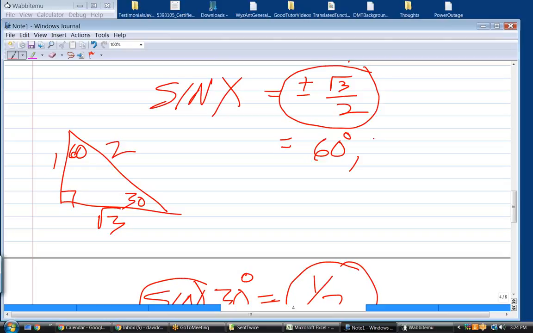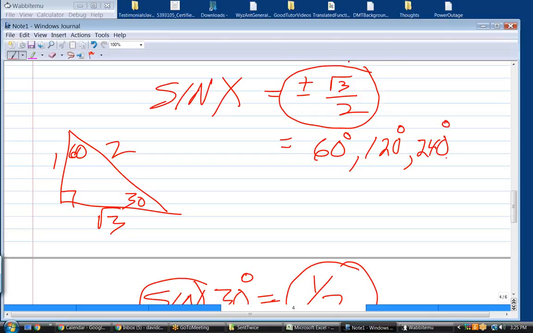Well, in the second quadrant, that would be 120 degrees, right? In other words, if I said, what's the sine of 120, you'd say, well, the reference angle is 60, and the sine of 60 is square root of 3 over 2. It's in the second quadrant, so it's plus. So both of those are legitimate answers. Okay. It's minus in the third quadrant, but the equivalent angle is 240.